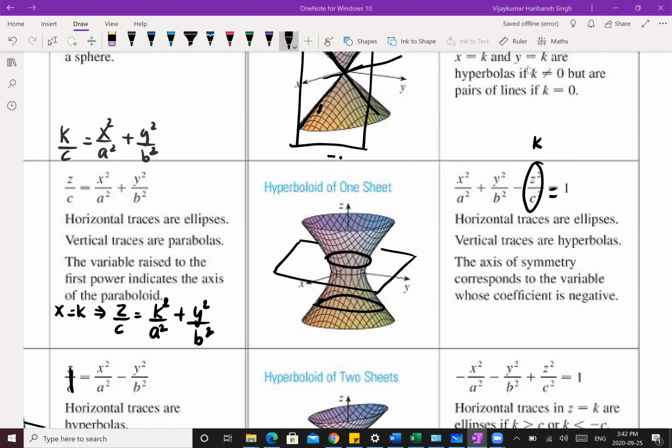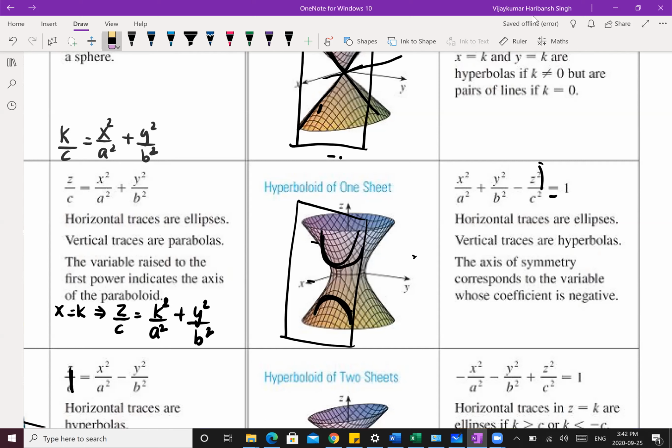Now, what about the vertical traces of this? If we look at the vertical trace here, we'll see that it is a hyperbola. And we can also see that from the equation.